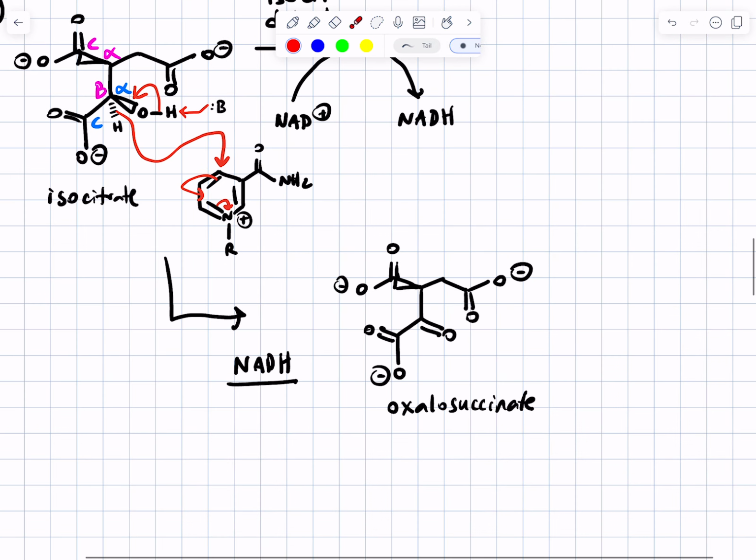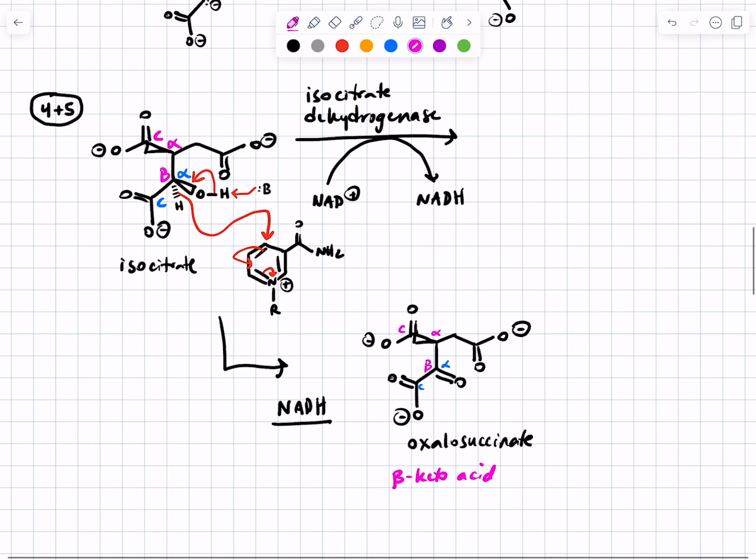And it's now got the requisite ketone group, beta to the pink carbonyl carbon. And you know that beta keto acids spontaneously decarboxylate. So this happens in the same enzyme active site. This is why some people, when drawing out the citric acid cycle, won't even bother to draw oxalosuccinate as an intermediate.